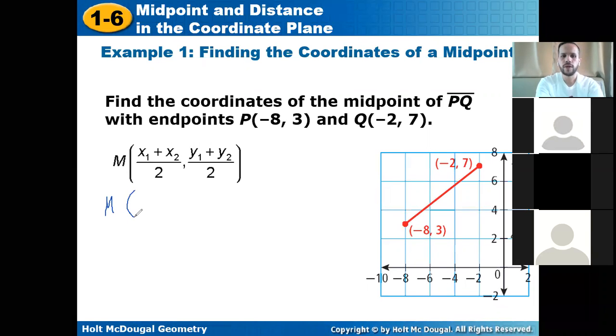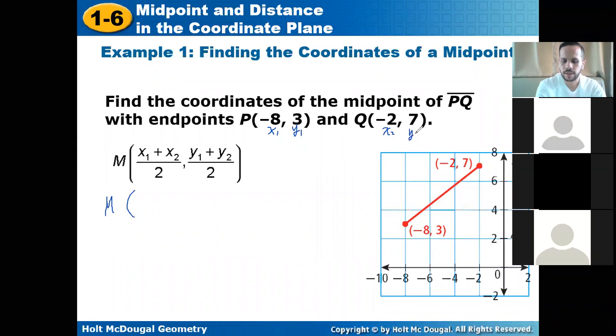So, who is point X1? X1 is -8. Remember, this is X1, this is the first Y point, and this is X2.